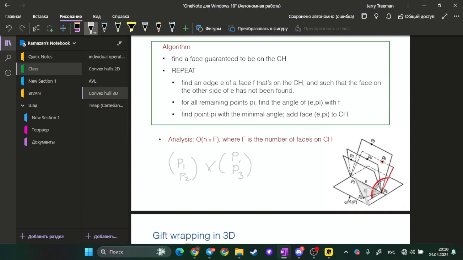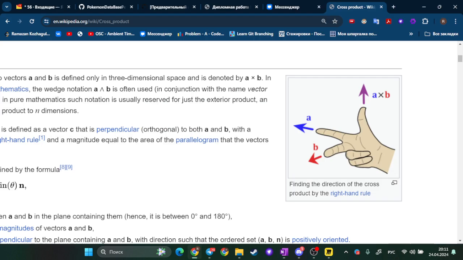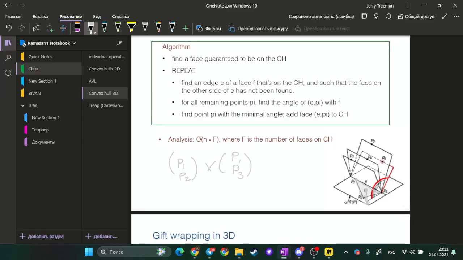That's correct. You can place your hand on the display and check it using this rule. Okay, we get the normal vector. So we need to get normal vectors for those planes too that are located outside of our polygon.